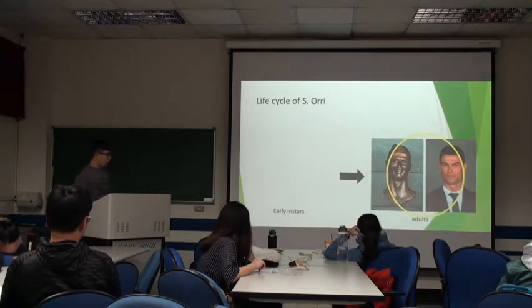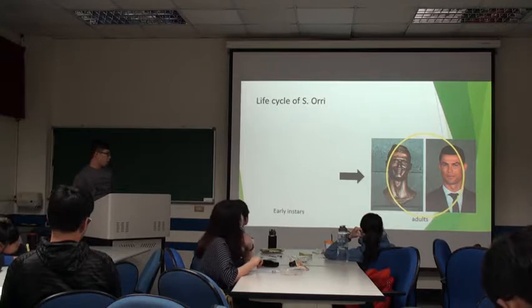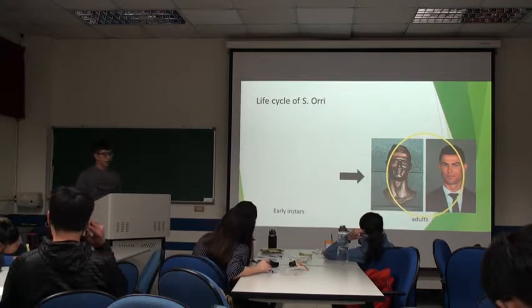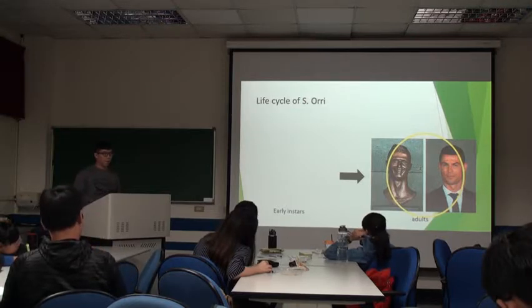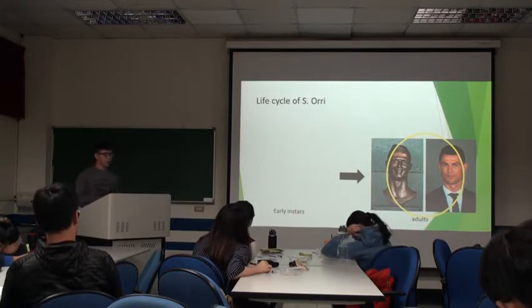And that's why we observe the life cycle of Sheina orri. We only found adult Sheina orri on epaulette shark gills instead of juveniles. The absence of the early instars indicates that Sheina orri might be parasitic for only part of its life.